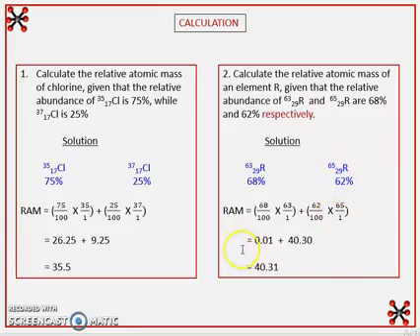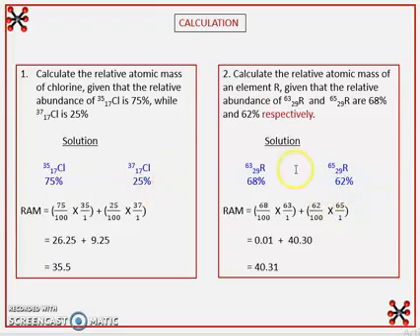So you have 0.1 plus 0.01, plus 40.30, which will give you 40.31. So the relative atomic mass of R everywhere you go is 40.31. No longer 63 or 65.